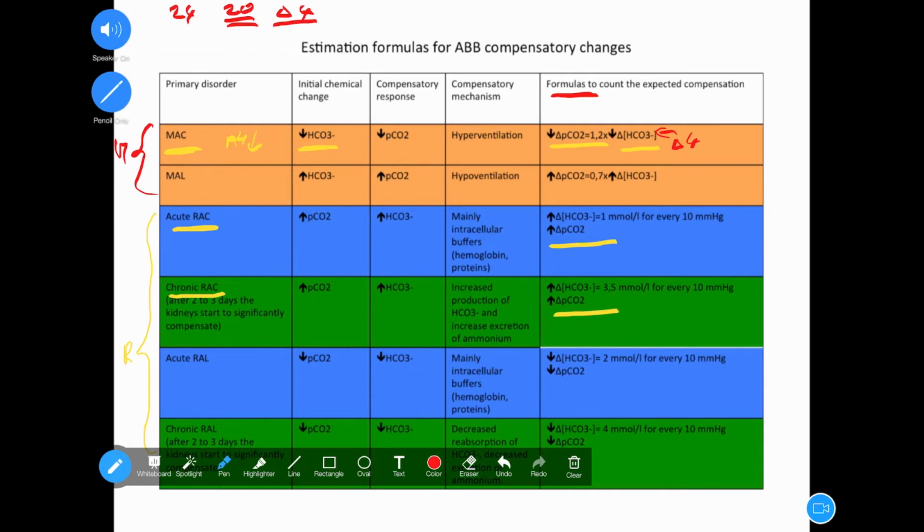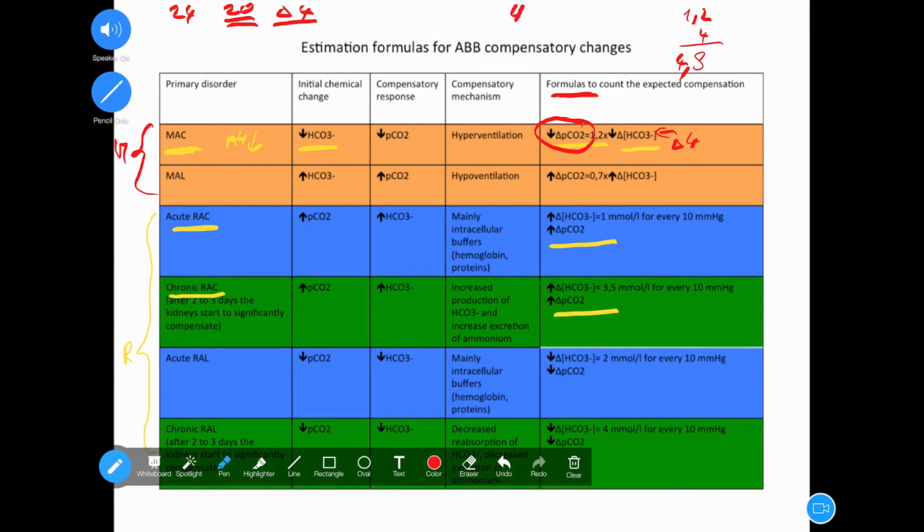This formula says that if the bicarb decreases by 4 from the normal values, you multiply it by 1.2, so 1.2 times 4 is 4.8. Then you should expect, in case only the lungs are compensating it, and there is no other ABB disorder going on at the moment, that the lungs should be able to decrease the CO2 by their activity by 4.8.